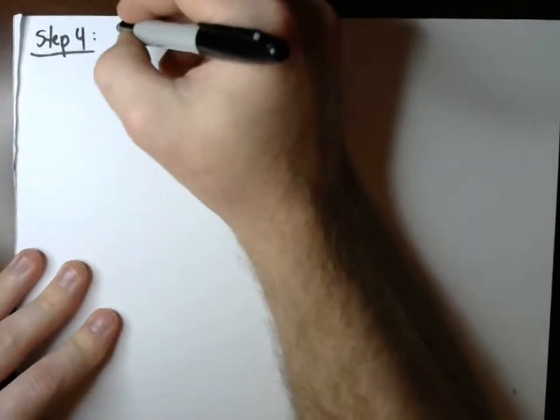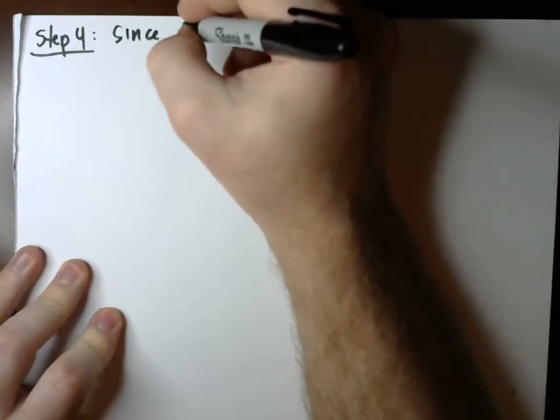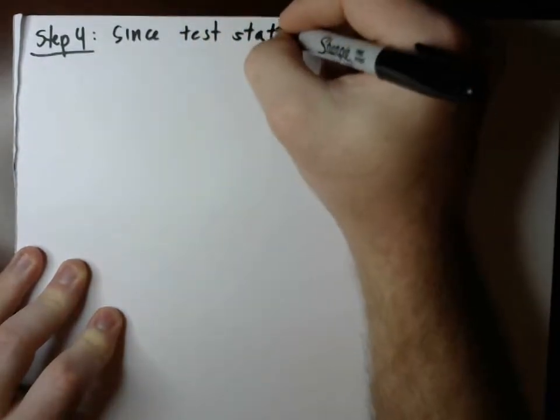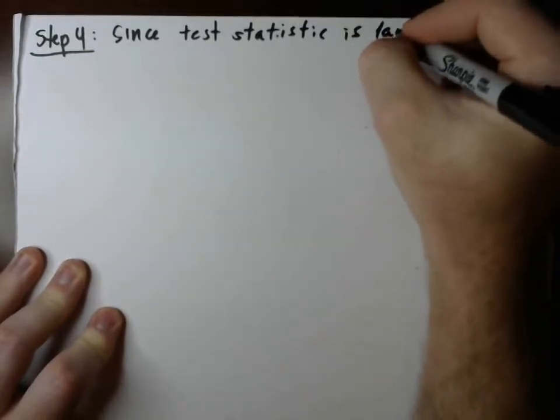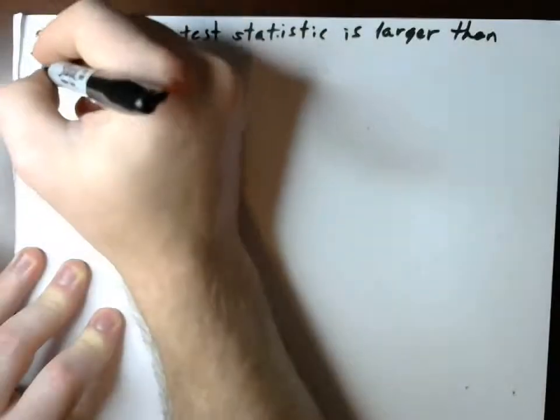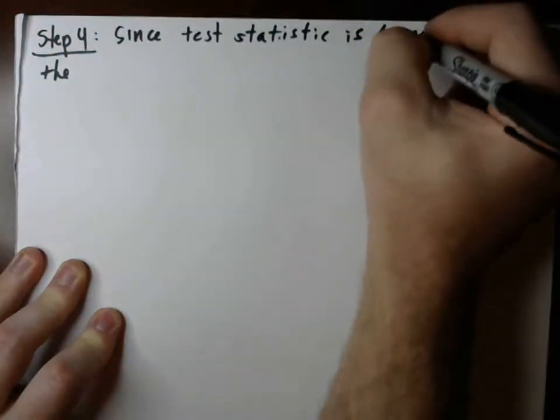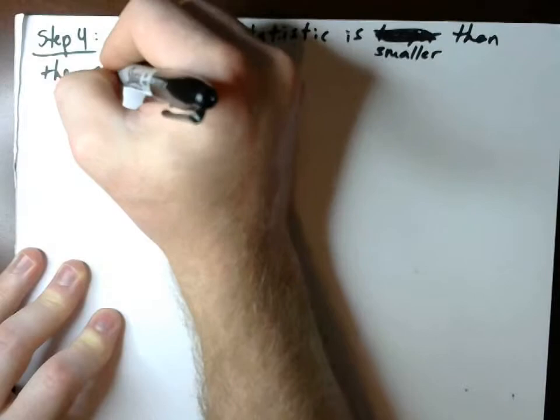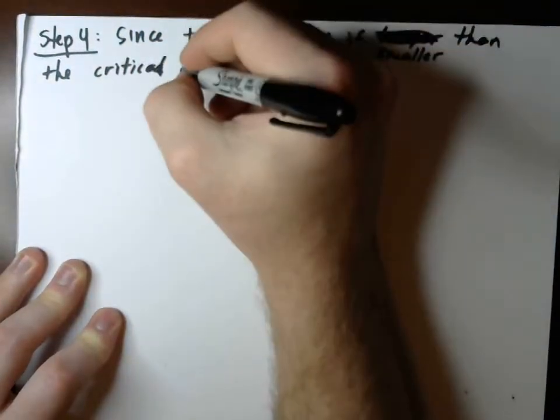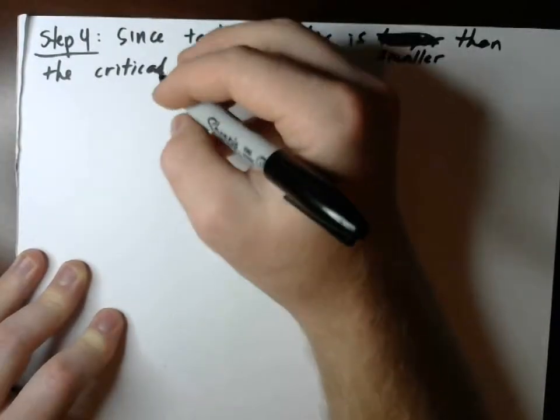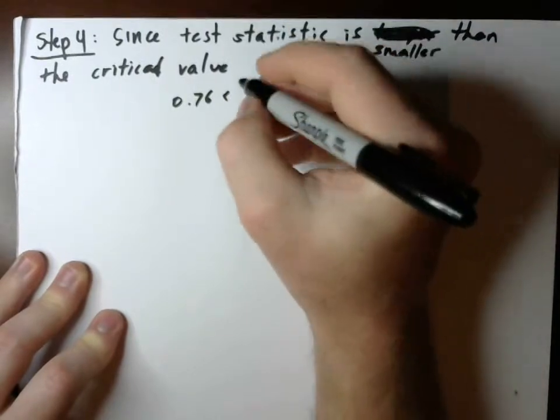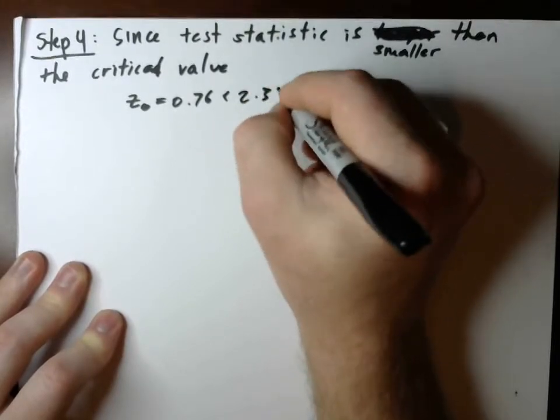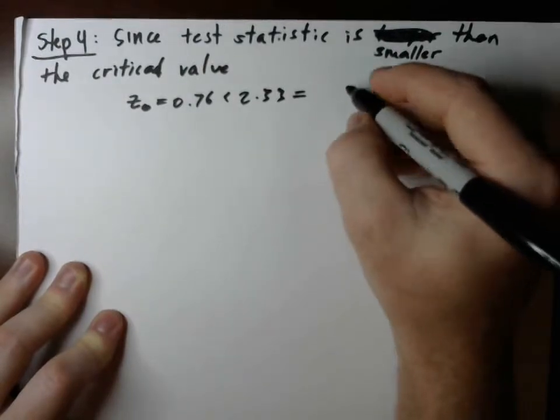Since our test statistic is way smaller than the critical value, as you remember, z naught equals 0.76, which is less than 2.33, which equals our z sub alpha.